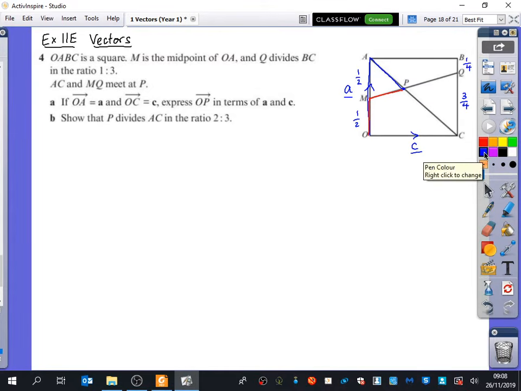I'm going to start off with trying to find OP along the blue route. And the blue route goes from OA and then AP. So that's going to be from O to A plus A to P. Now O to A is just A, and A to P is going to be some fraction of A to C. So I'm going to use lambda of A to C. But I now need to find out what is the vector from A to C. How do I find out how you get from A to C?